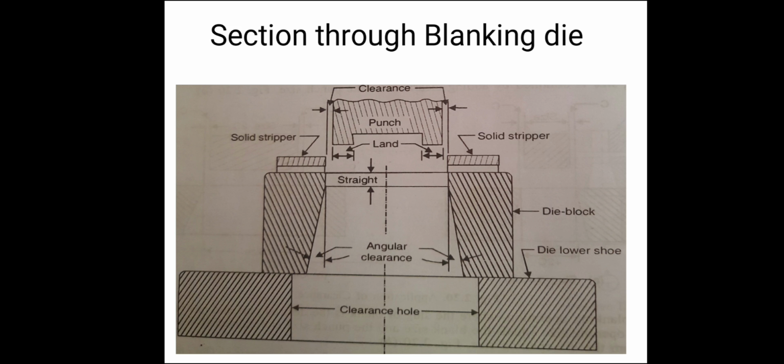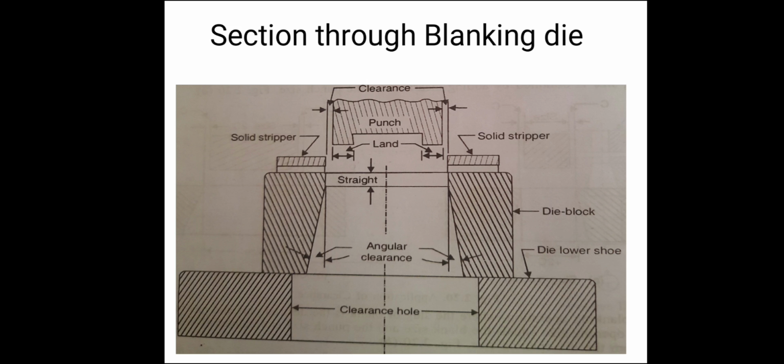The punch and die clearance, after considering the elastic recovery of material: it has already been explained that after the cutting operation has been completed, elastic recovery of the strip material takes place. In blanking operation, after the release of blanking pressure, the blank expands slightly.